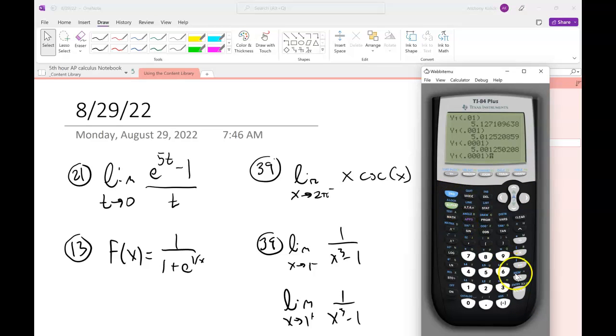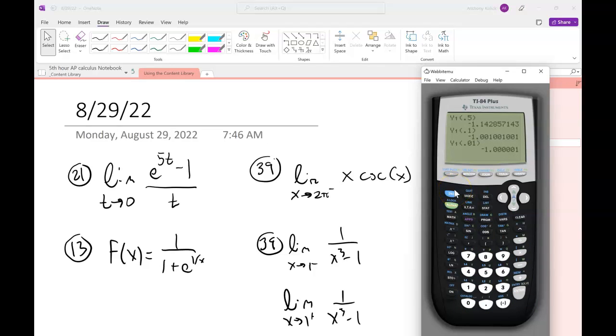So I'm just going to use the same values of x that we had used in that problem for 21. They seem like reasonable x values to me to use. So we're getting closer. At this point I'm stopping, right?